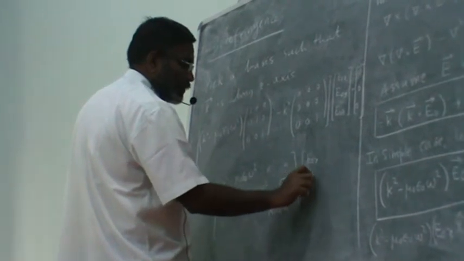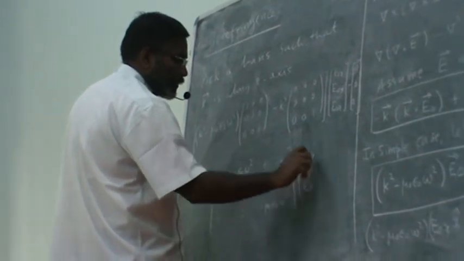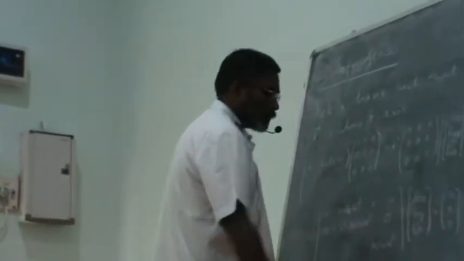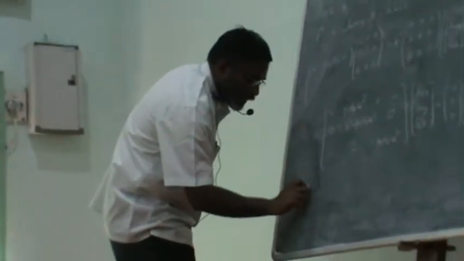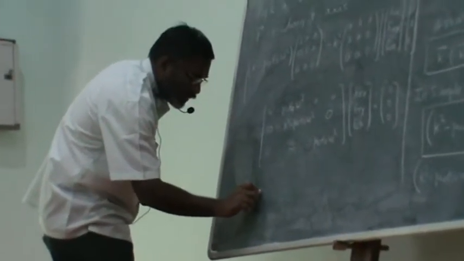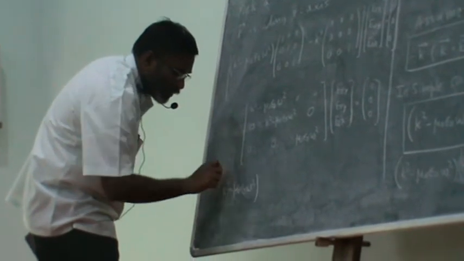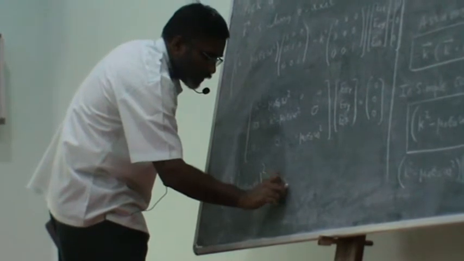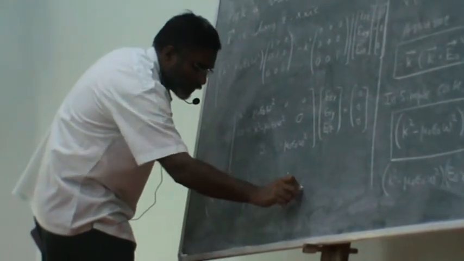Now the determinant is (k square minus mu naught epsilon naught omega square) whole square into minus mu naught epsilon naught omega square is equal to 0.